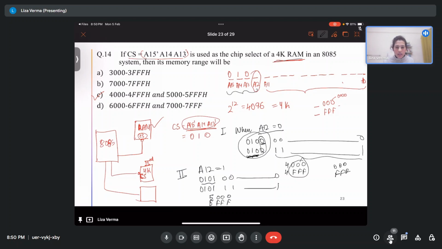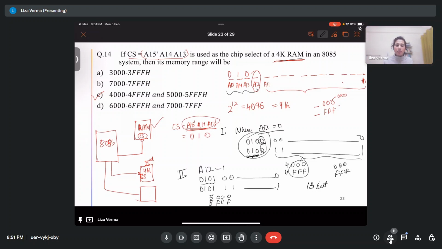We could have chosen a larger RAM, or if there was a larger chip with more memory that required 13 bits, we could have addressed more memory locations using A12.